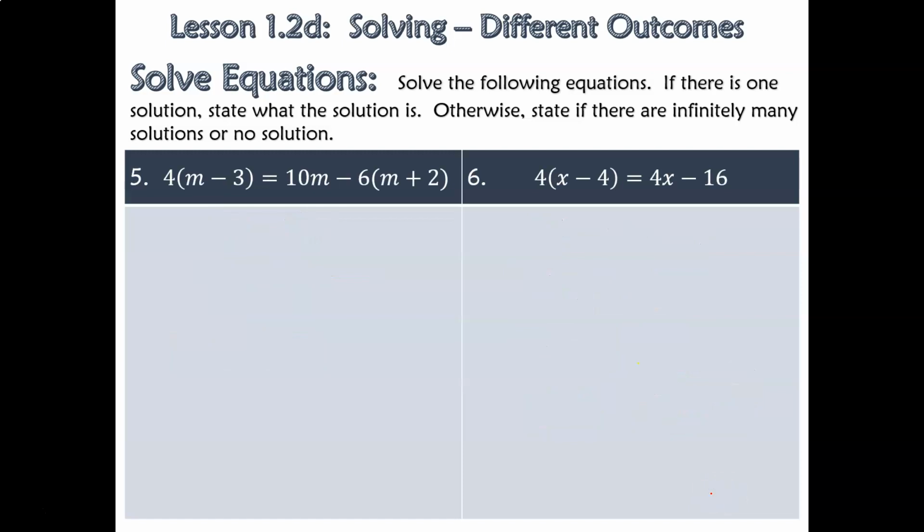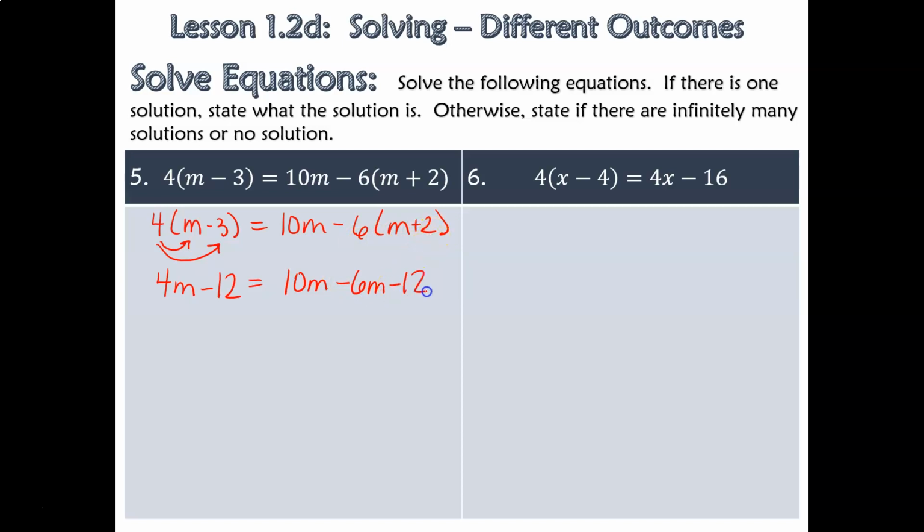Okay, so let's look at number 5. Alrighty, so if I distribute, which is the first thing on my to-do list, I have 4 times m, which is 4m, 4 times 3, which is -12, bring down my 10m, -6 times m is -6m, -6 times 2 is -12.